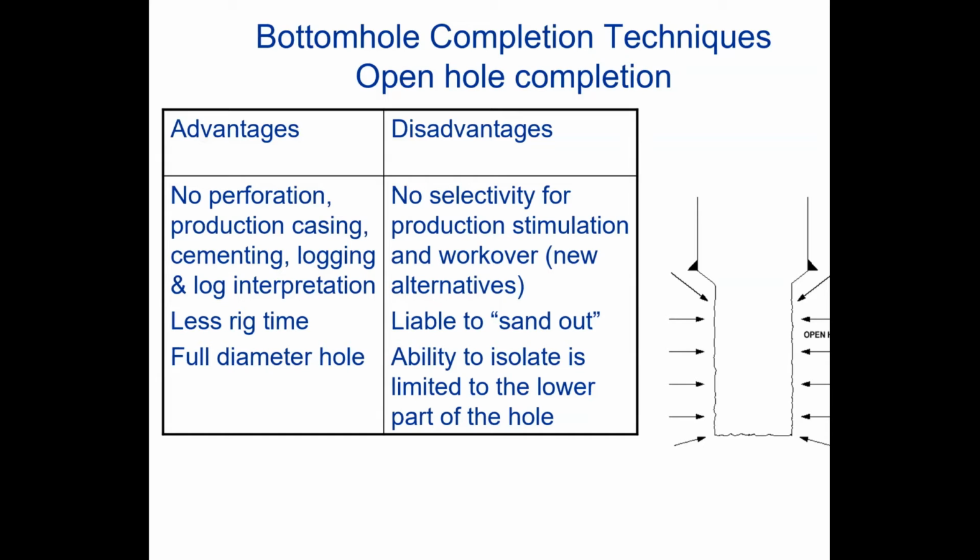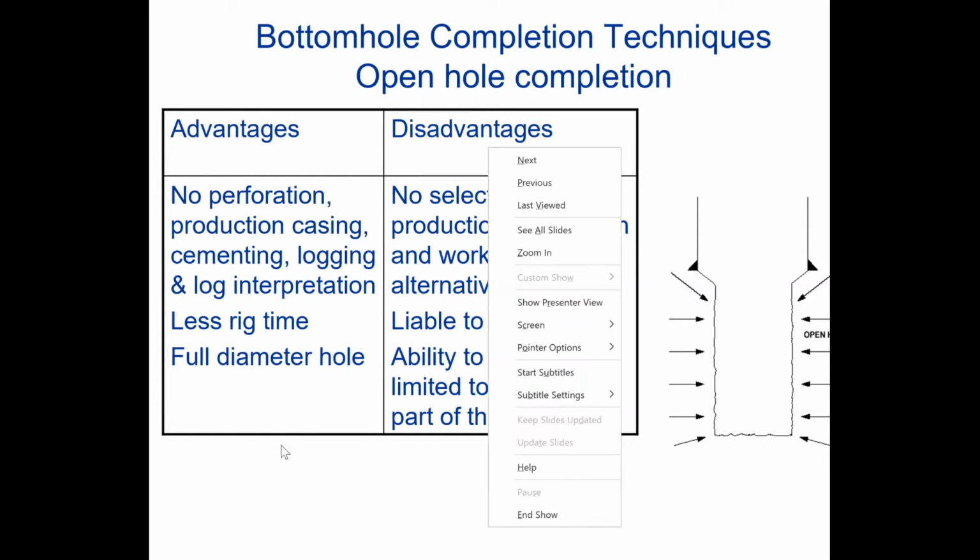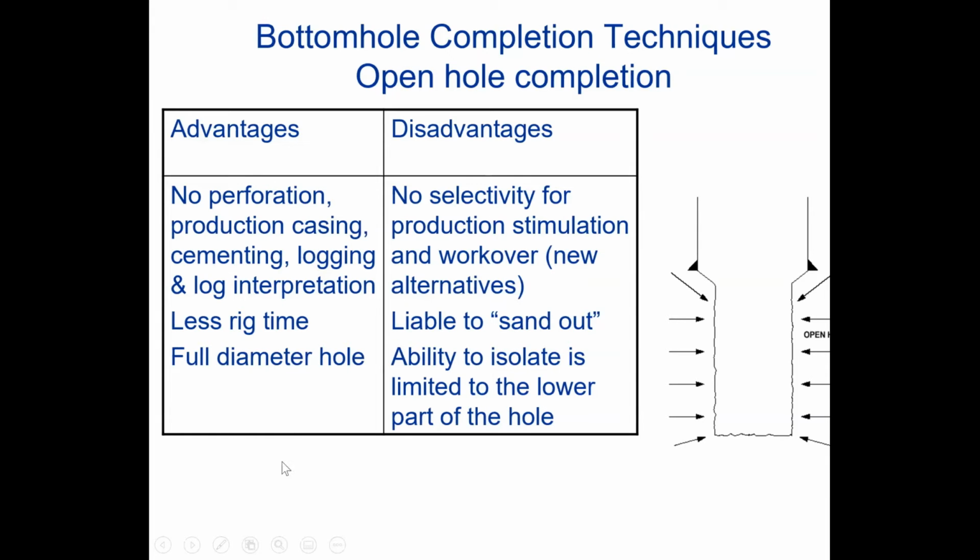Logging is devices run on a logging tool that measure the porosity, the amount of oil, amount of gas, amount of water, and some extra tests which show you permeability. If you don't need these measurements, you save time, and you pay less money.